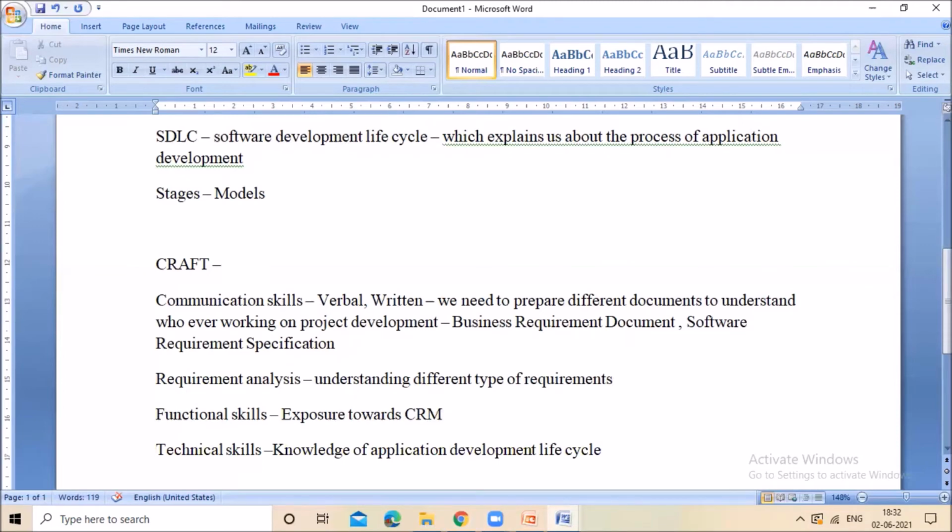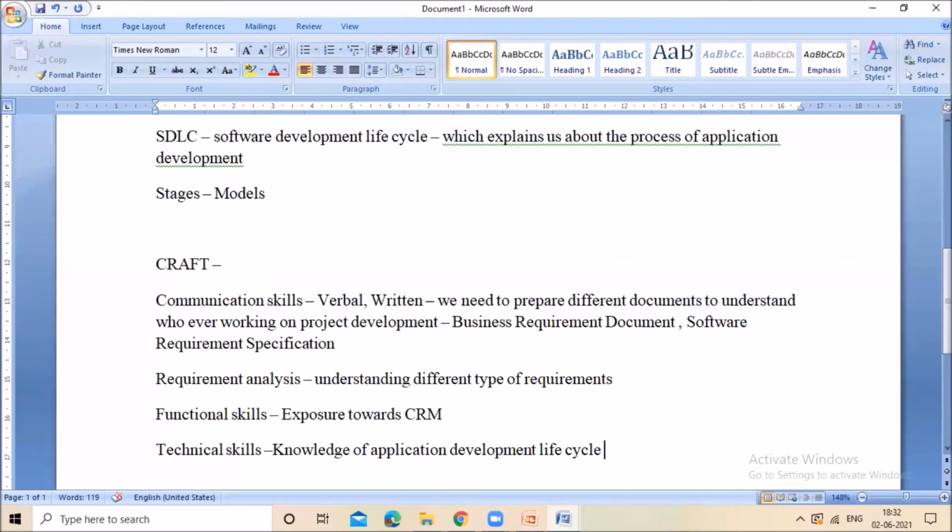What about functional knowledge? Fortunately, you are coming from a sales and business development background, and you need some exposure towards CRM. That is required to some extent, and beyond that you need the next level of CRM requirements.